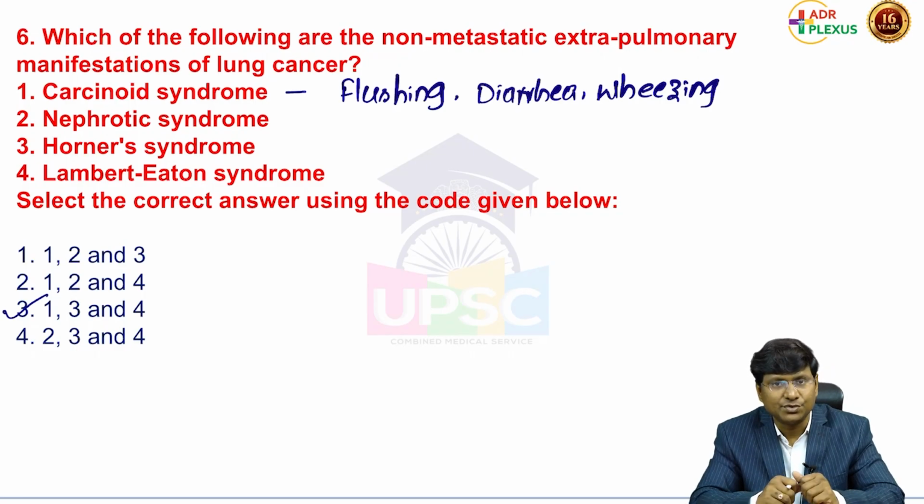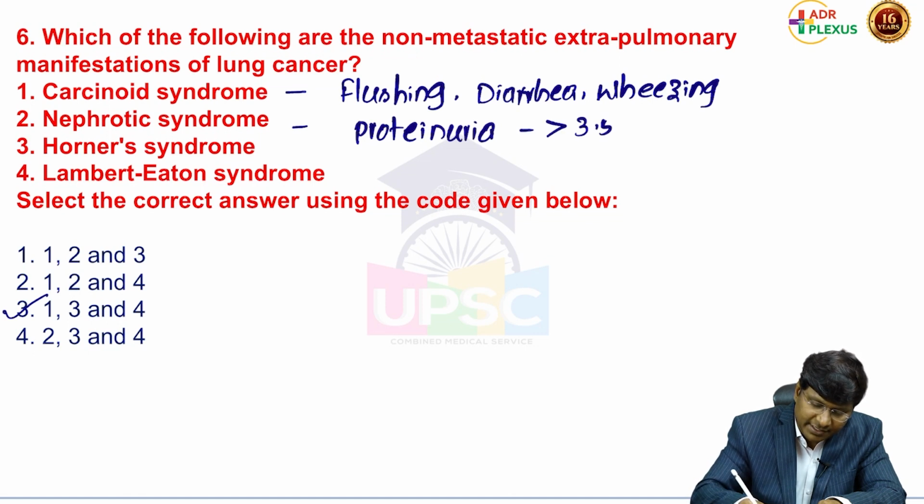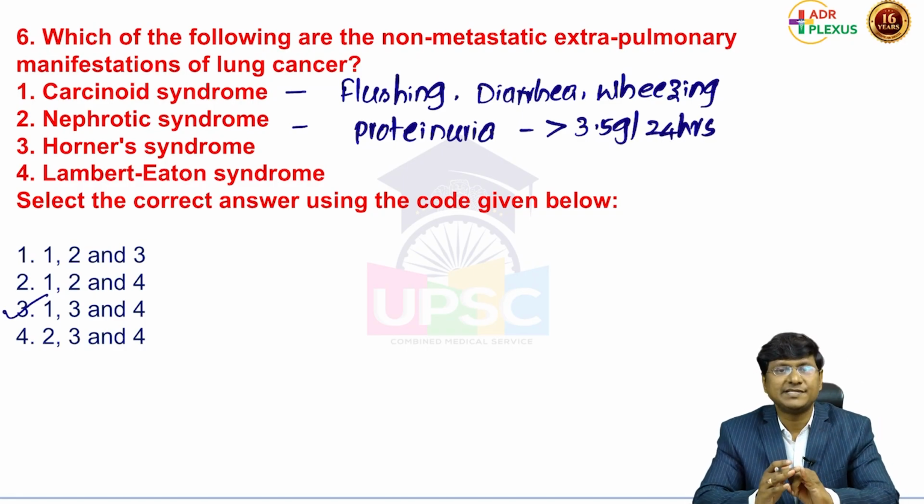And take nephrotic syndrome. This is a renal disorder. The characteristic manifestation in these patients will be proteinuria. And what will be the quantity of the proteinuria? It will be more than 3.5 grams per 24 hours, in which mainly albumin is excreted out, resulting in hypoalbuminemia.